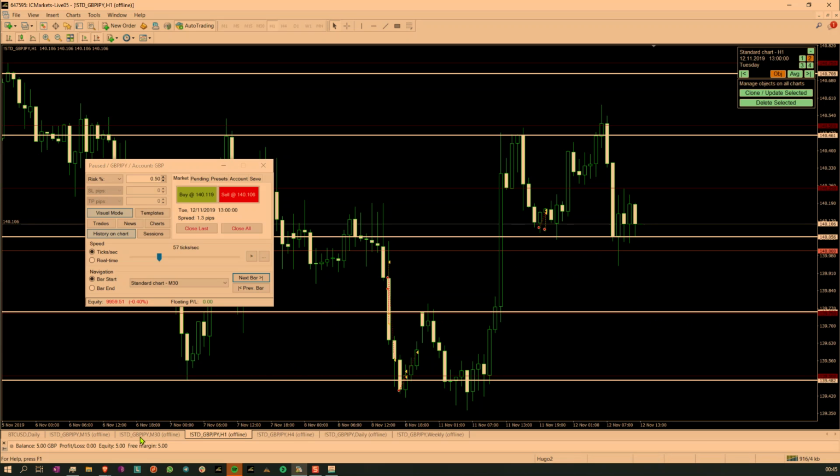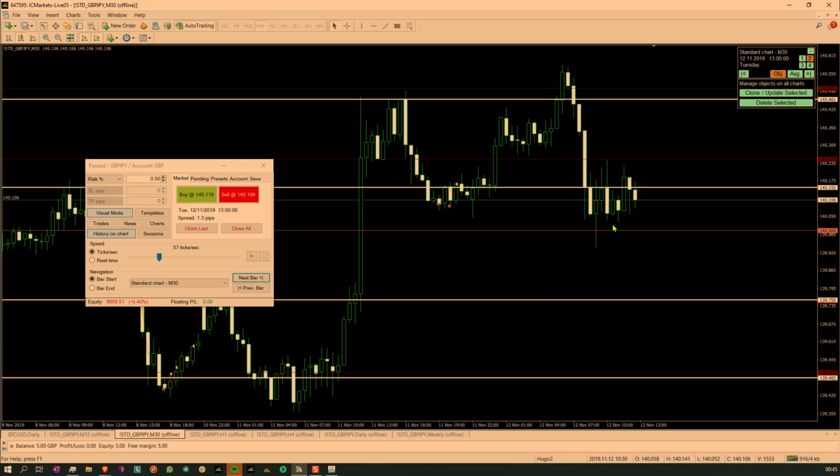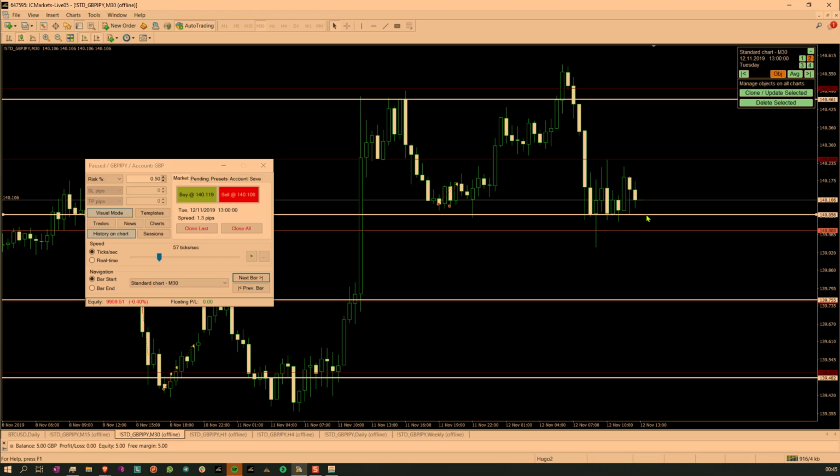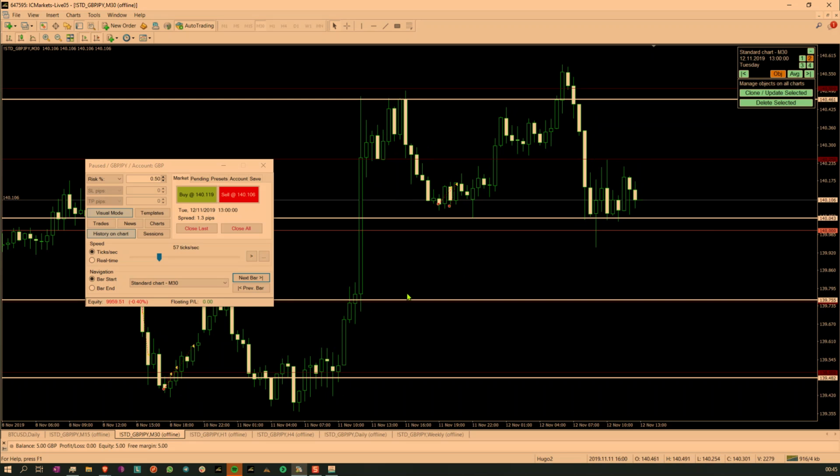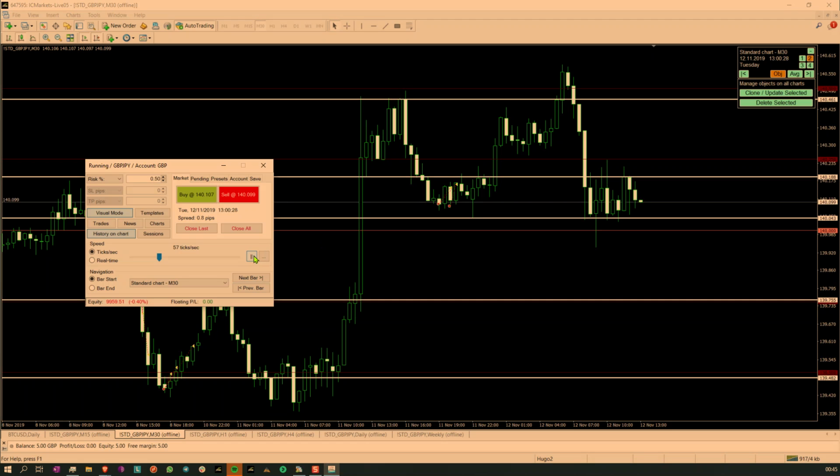Let's see the close. 30 minutes also. Yeah. Looks good. Looks like a good zone. Let me put another zone here. Let's play.